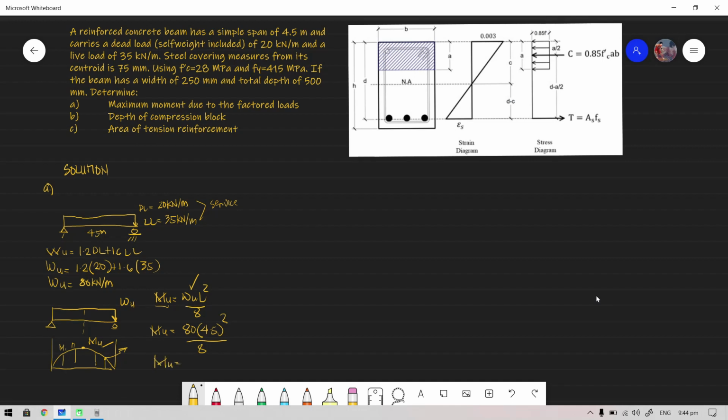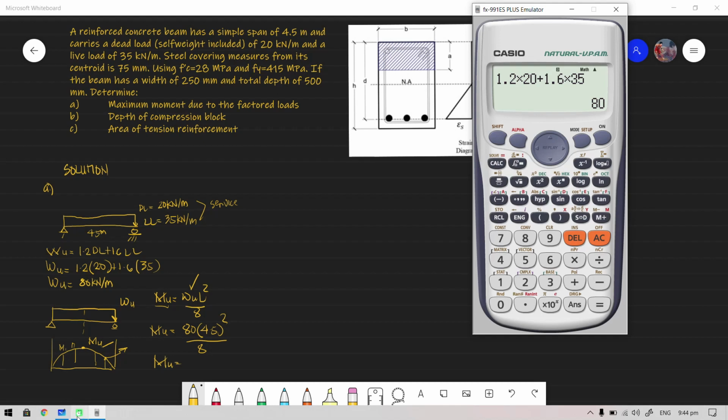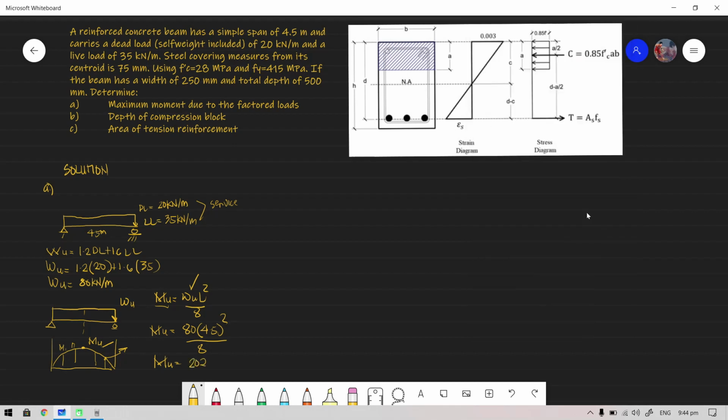So, solve natin ngayon yung MU. 80 times 4.5 squared over 8. Okay. So we have 202.5 kilonewton meter. So this will be the answer for letter A.